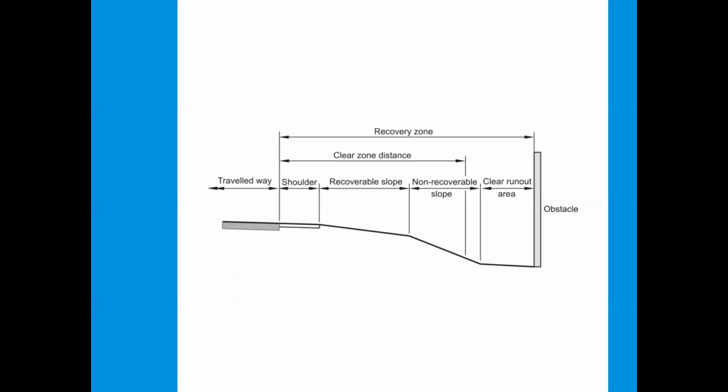Slip-base poles can usually be reused after an impact and for this reason tend to be more common. However, they can only be used where there will be no conflict with overhead services in the event of impact, and where the risk to other road users, particularly pedestrians, is minimized.